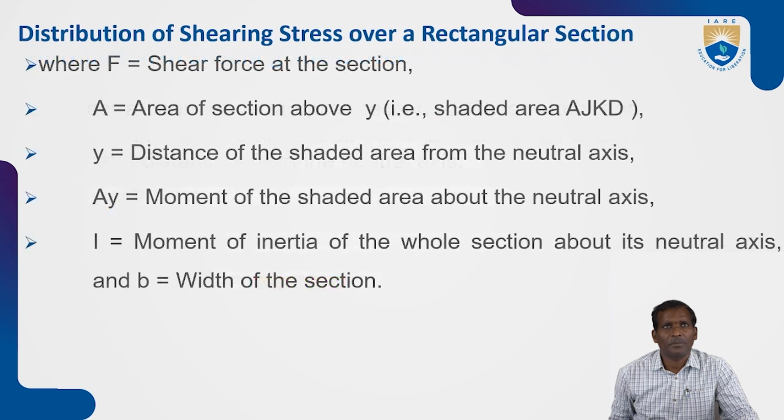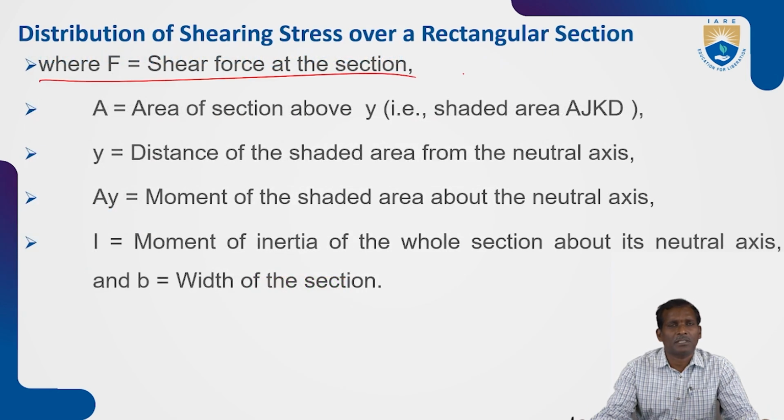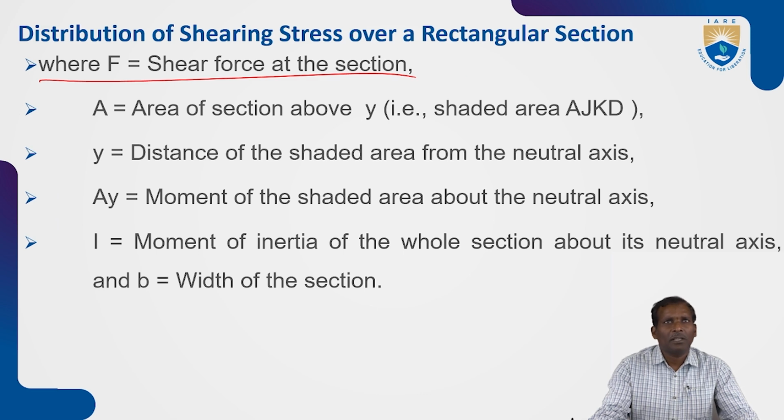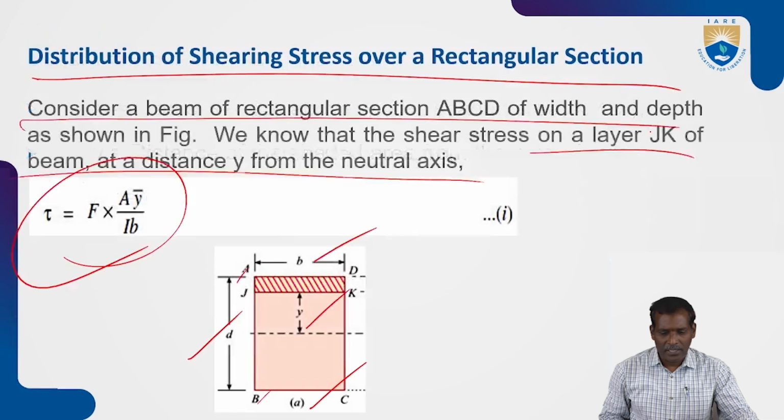F is the shear force at the section, and A is the area of the section above y, the shaded area AJKD.